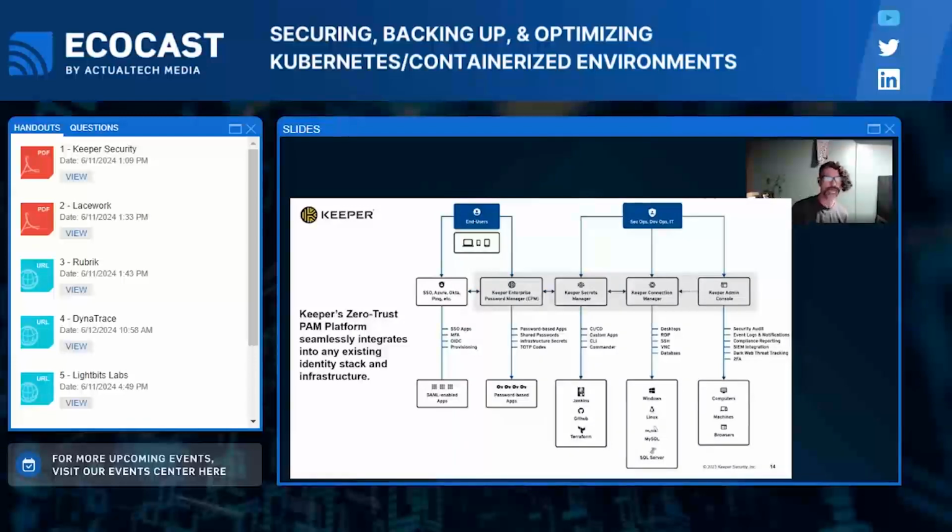Let's take a look at the 2 spectrums here. This is the end user side, and this is the SecOps, DevOps side. Let's just take a look at the natural use of the end user side. End users in your organization as a whole utilize an identity provider, Office 365, aka Azure, or better stated, Okta, Ping, OneLogin, JumpCloud, those identity providers.